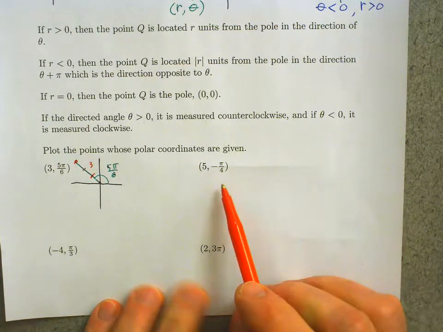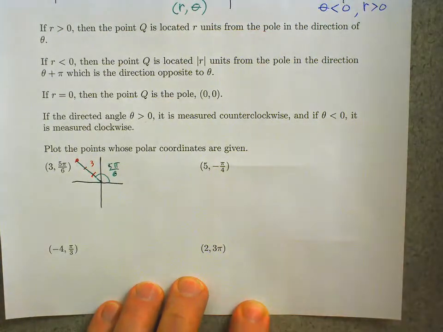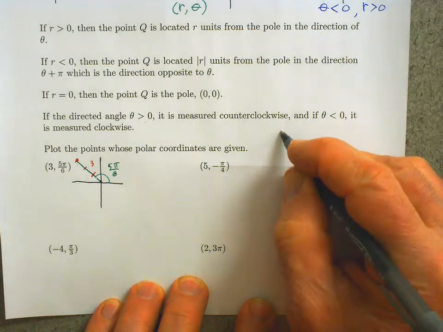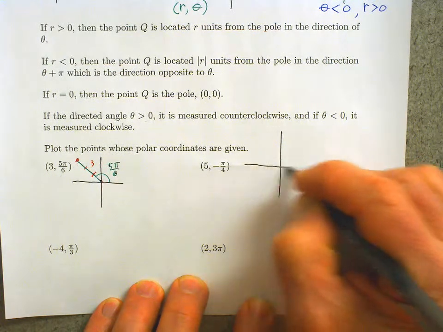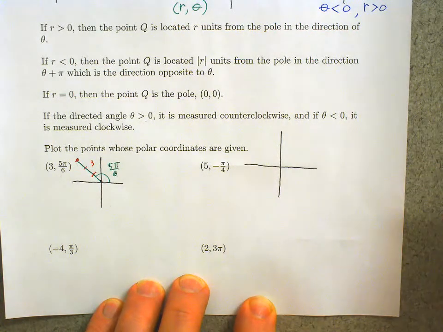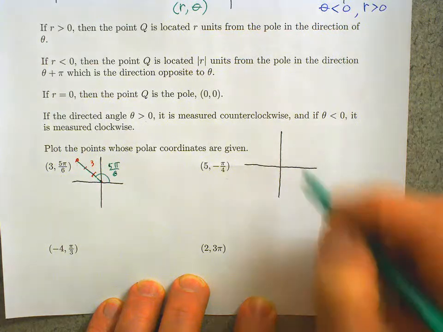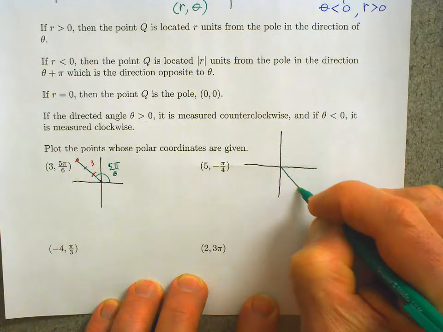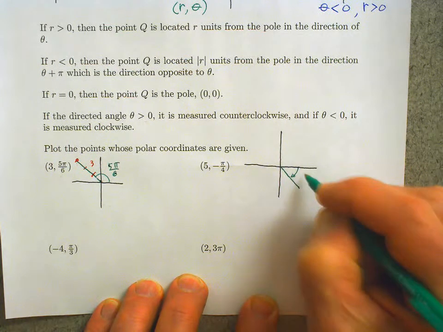Okay, in the next example, this time we have a negative angle, negative pi over 4. So we move clockwise pi over 4 units. So there's negative pi over 4.